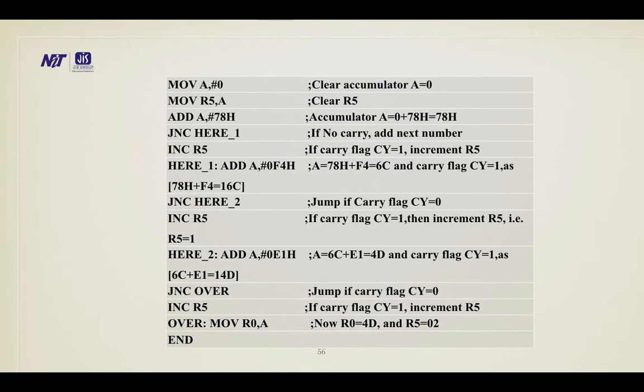JNC: jump if carry equals 0. But carry equals 1, therefore R5 will be incremented. Then over: MOV R0, A. The accumulator content will be moved to R0, and finally it comes to the end, and R5 is equal to 1.